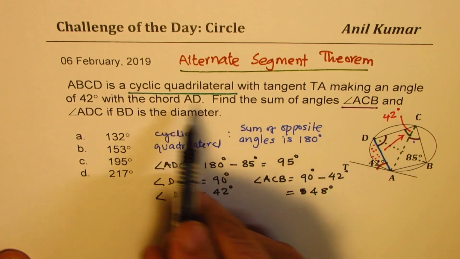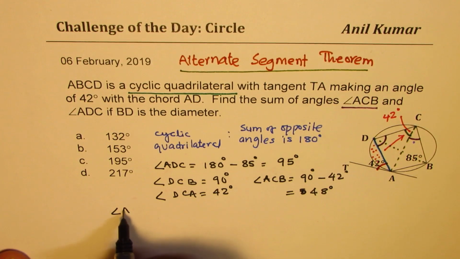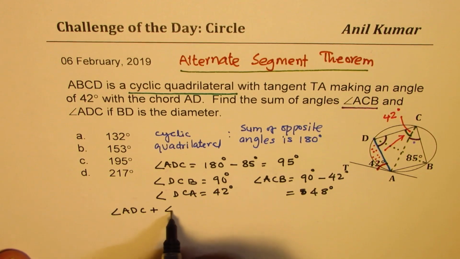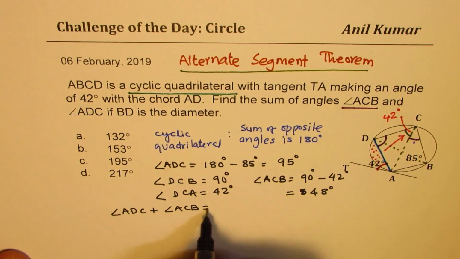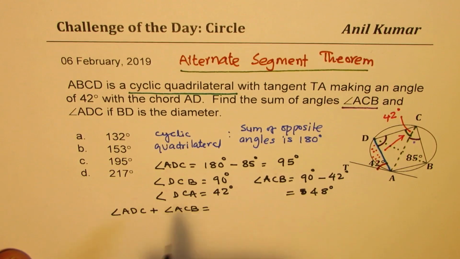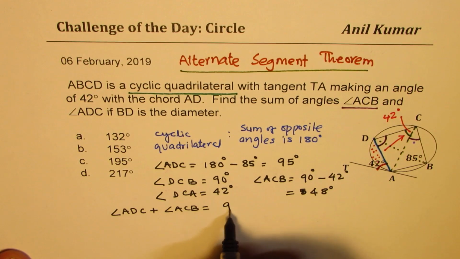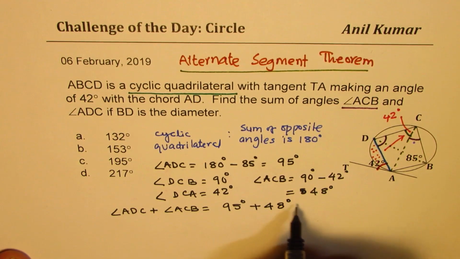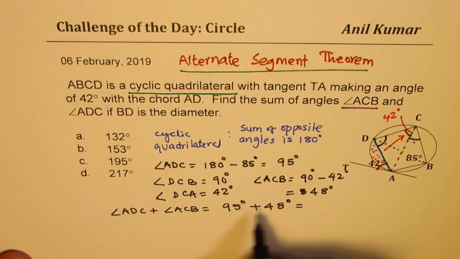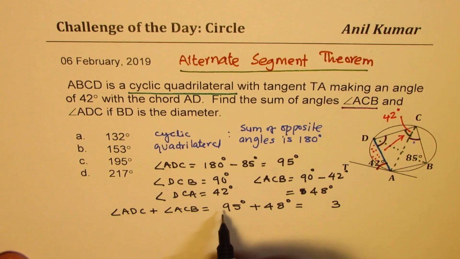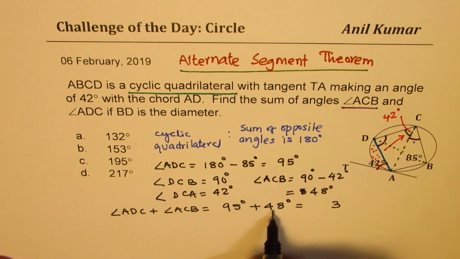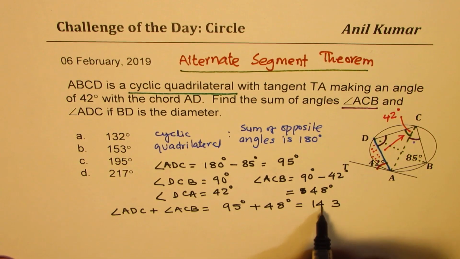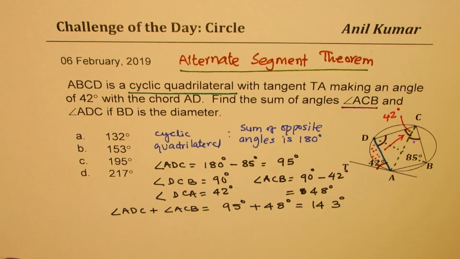So the sum of these two angles, angle ADC plus angle ACB, should be 95 degrees plus 48 degrees. When you add them, 8 and 5 is 13, and 10 and 4 is 14. So you get 143 degrees. Did I do the calculation right?